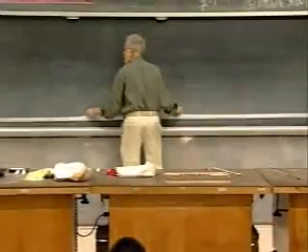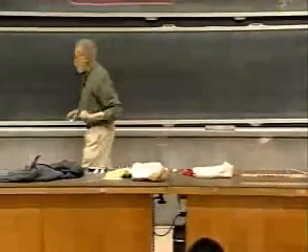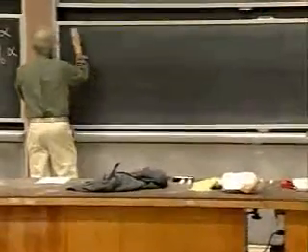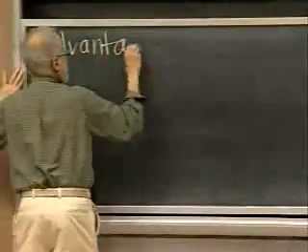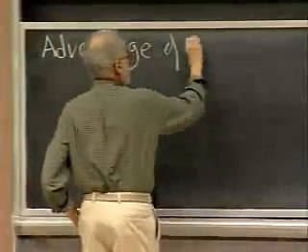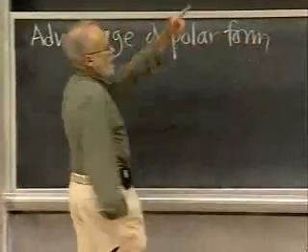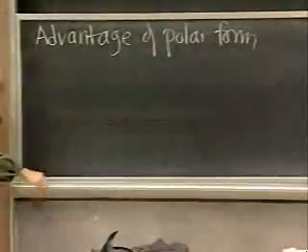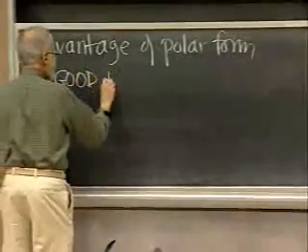But you should at least realize when you should look at polar form. The great advantage of polar form, particularly once you've mastered the exponential law, is that it's good for multiplication.